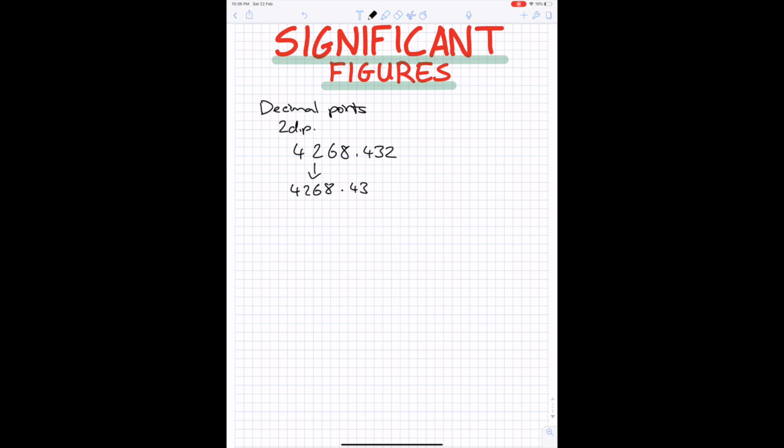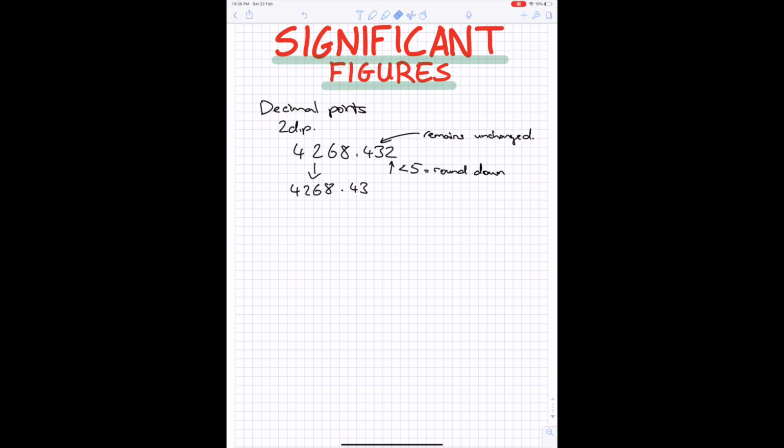Remember, because 2 is less than 5, we round down. So in that case, 3 remains unchanged, right? Cool. We won't go into too much detail with decimal points.